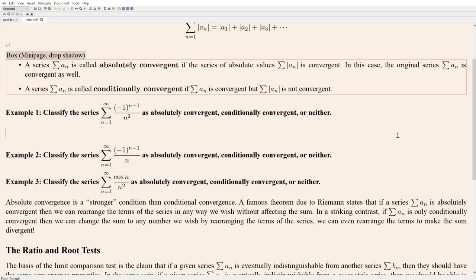So here's a few examples. So here we have an alternator, but aside from the alternator, it's just the series of reciprocal squares. Now, to see if this is absolutely convergent or not, let's look at the series of absolute values.